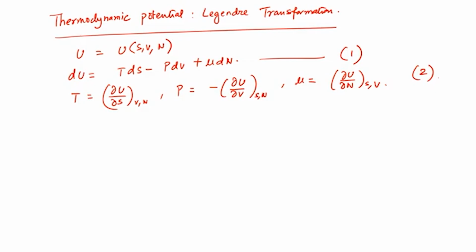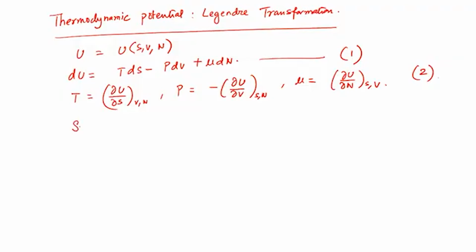So, the temperature, pressure and mu all are intensive variables, and they are expressed in terms of the extensive variables. And similarly, if we now convert it into S, and in fact, S, the entropy is an important thing, not only that we have seen through the second law of thermodynamics, but it is an important thermodynamic potential, especially for the closed system.